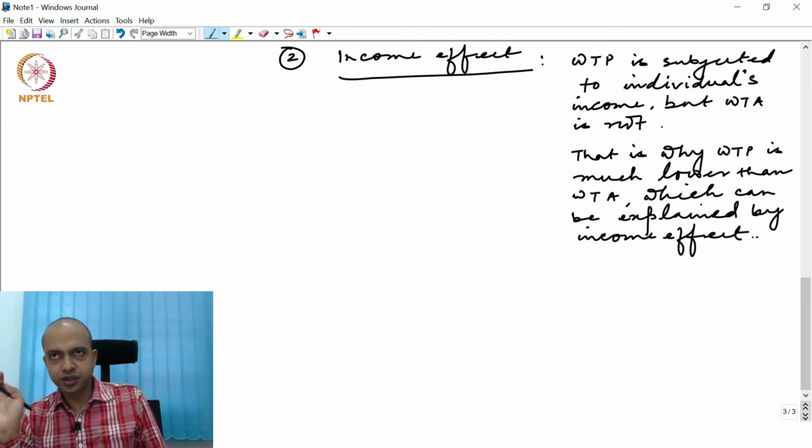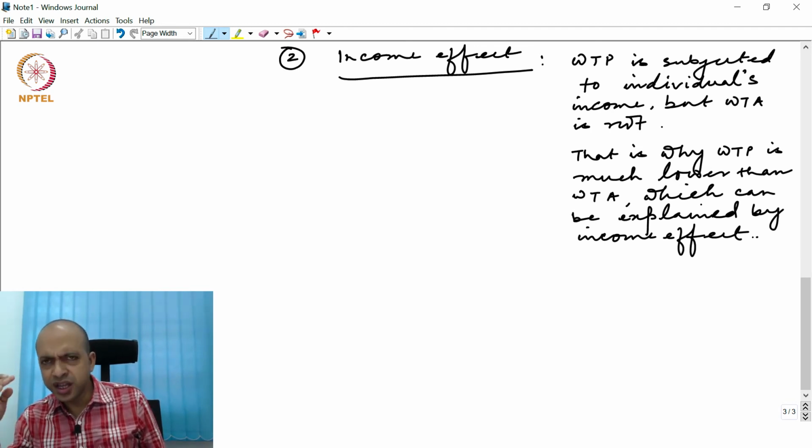But the point here is, even if we consider the income effect in our study, the divergence between willingness to pay and accept still exists. So even though income effect can explain a portion of the disparity between WTP and WTA, it cannot explain it fully. That is the reason economists try to explain even more.